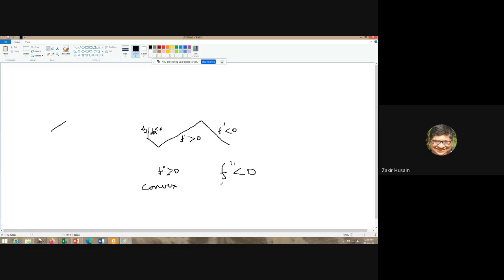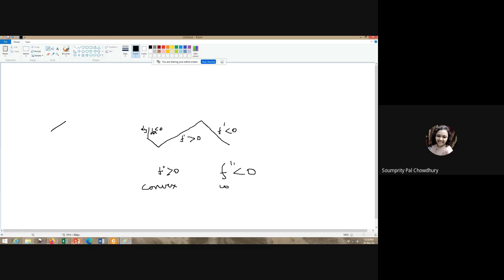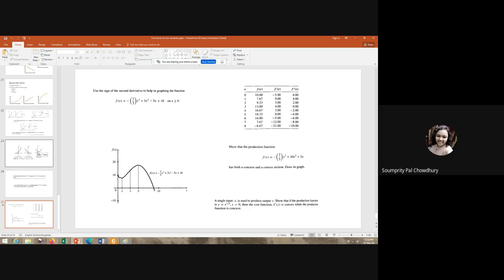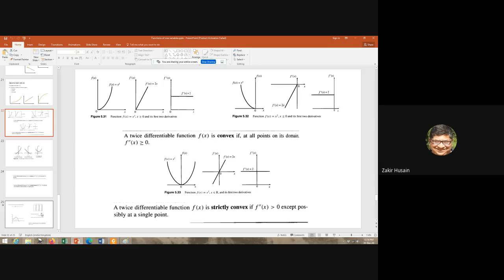And this part is going to be concave. So these were all strict convexity, right?